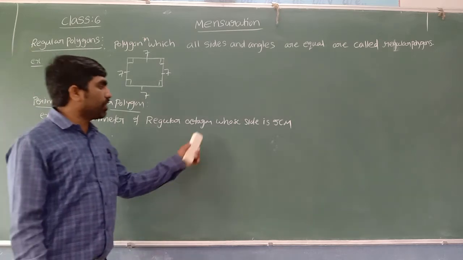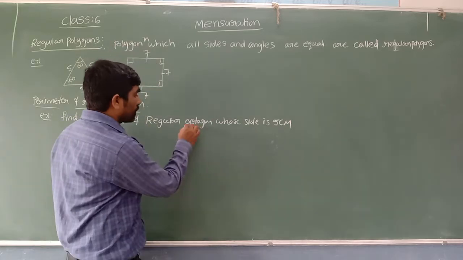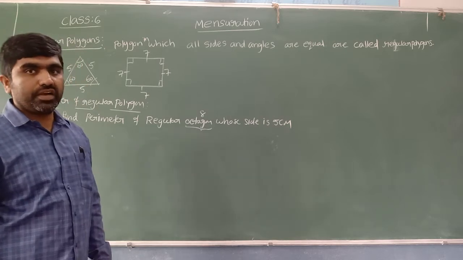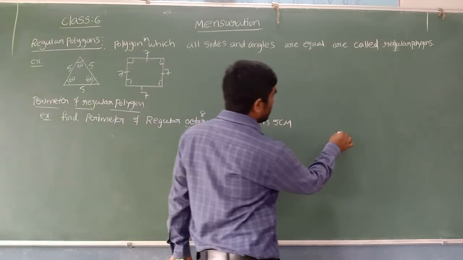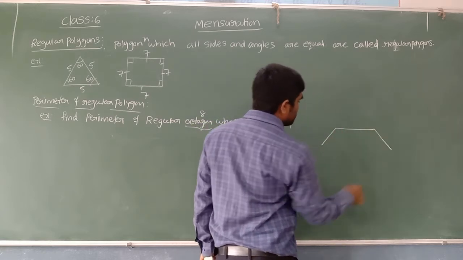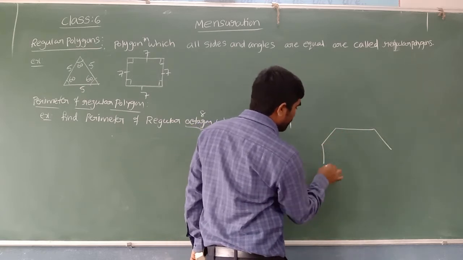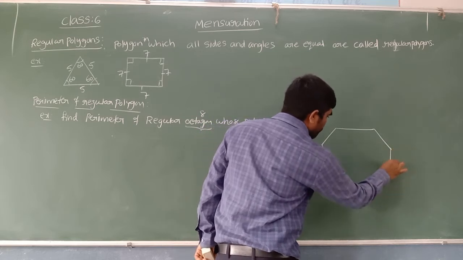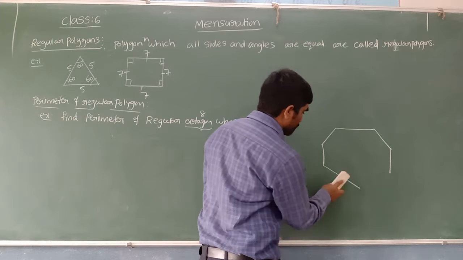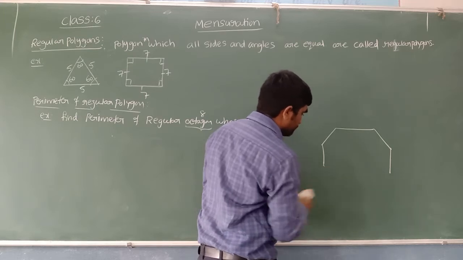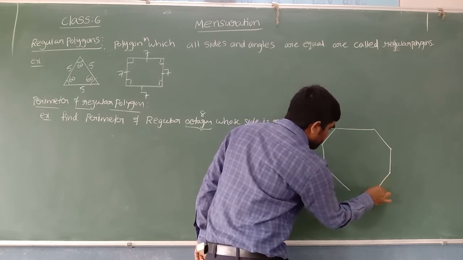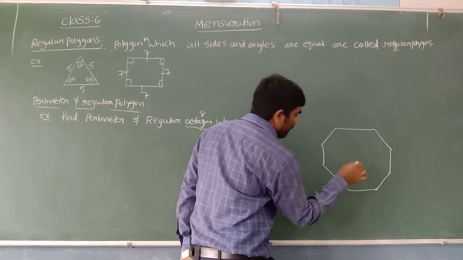Now let us draw one polygon. Octagon is nothing but how many sides? 8 sides. Now let us draw a polygon with 8 sides. 1 side, 2 sides, 3 sides, 4 sides, 5 sides, 6 sides, 7 sides, and here you can take 8 sides.